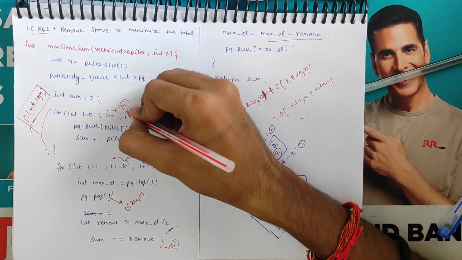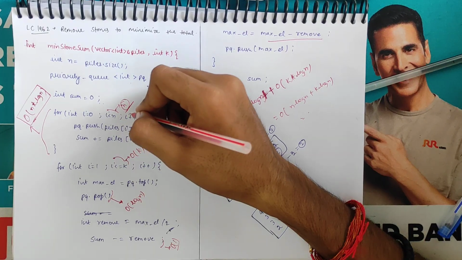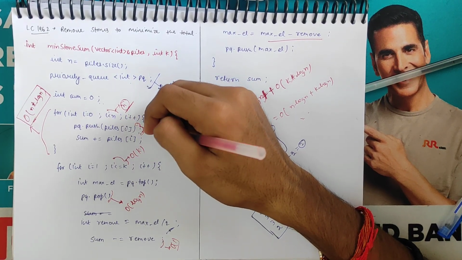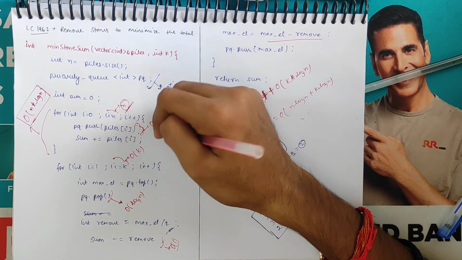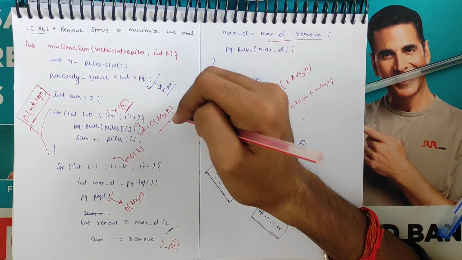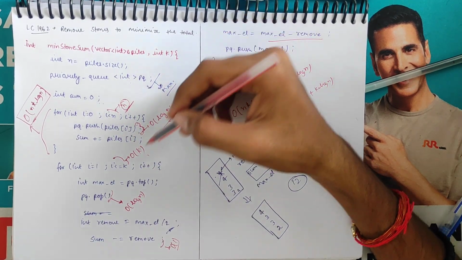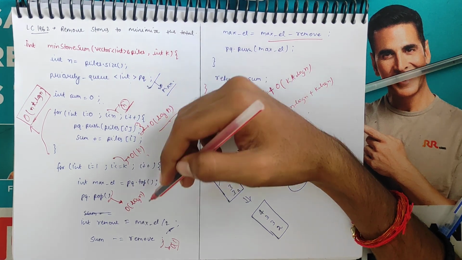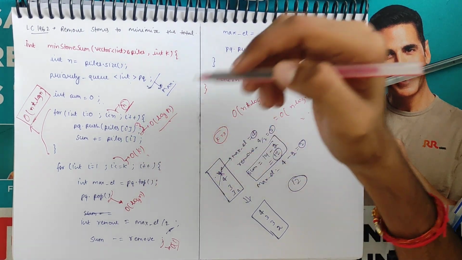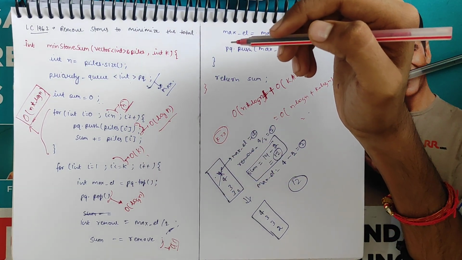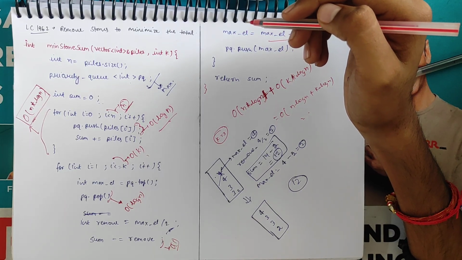N times we are performing these operations, and every time the element is pushed into the heap data structure, it is big O of log n, and we are performing these operations k times, so big O of k. I think I am missing some push or pop, right?